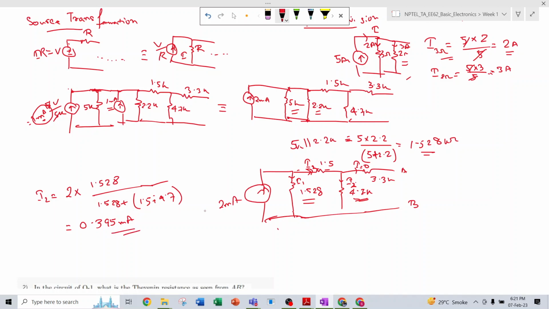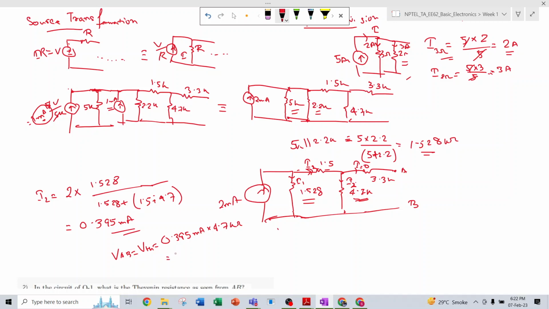So now we have already determined the current I2. What is the voltage across VAB? Because no current is flowing through this resistance, this node and this node are the same node. So the current multiplied with the resistance will give the voltage. VAB, which is the same as the Thevenin voltage, will be determined by 0.395 milliampere multiplied with 4.7 kilo ohm.